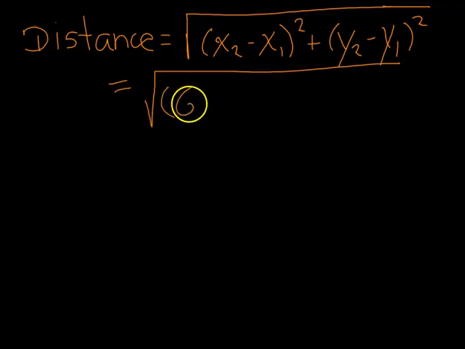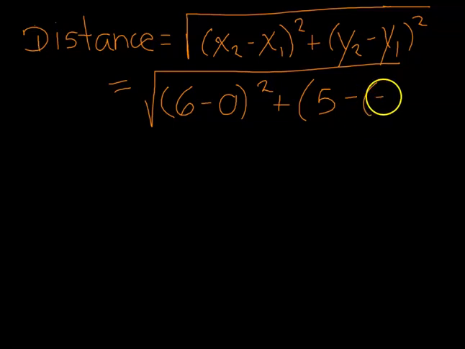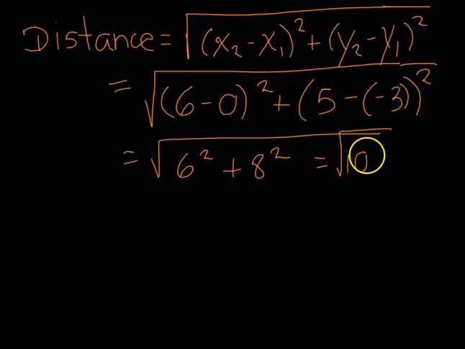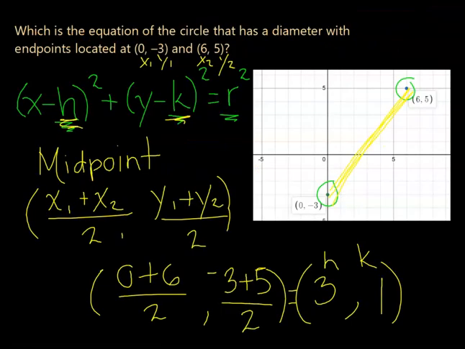So substituting in those values would be 6 minus 0 squared plus 5 minus negative 3 squared, which would just give us 6 squared plus 8 squared equals the square root of 100, which is just 10. So 10 would be the distance from here to here.